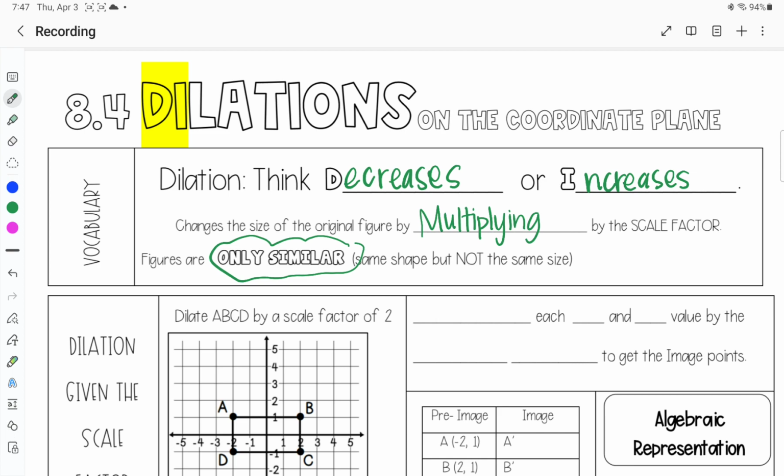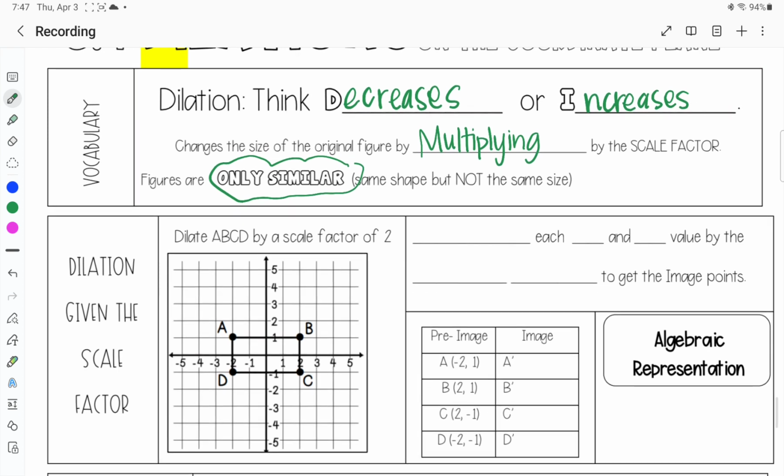All right, so the first thing this says is dilate your rectangle ABCD by a scale factor of 2. So in other words, we want to dilate or multiply, make this 2 times bigger than it already is.